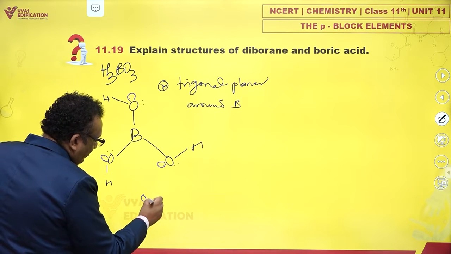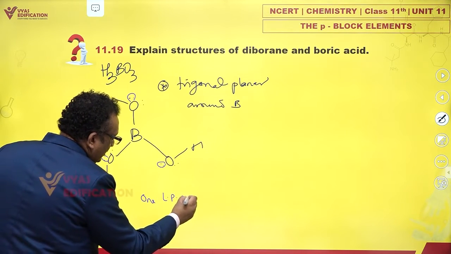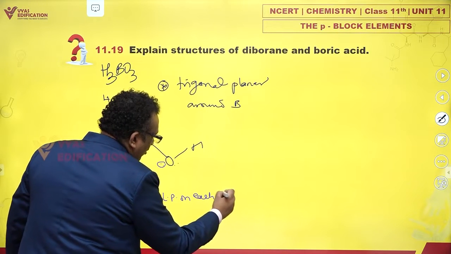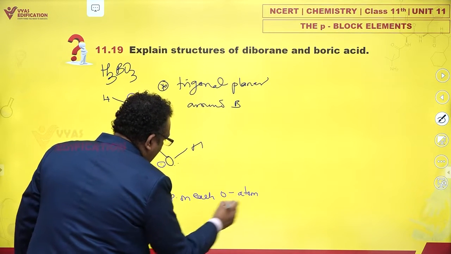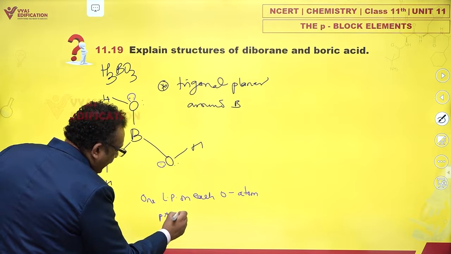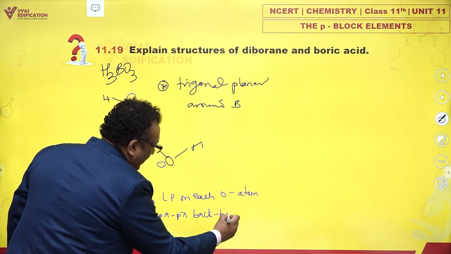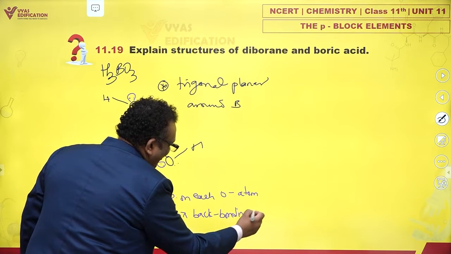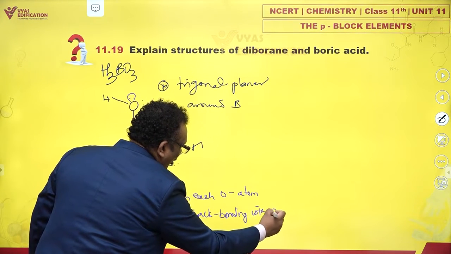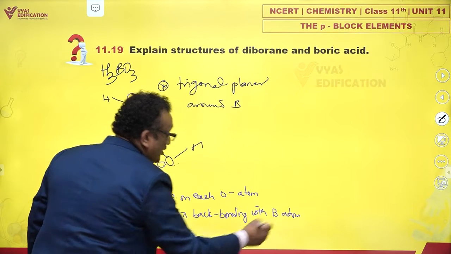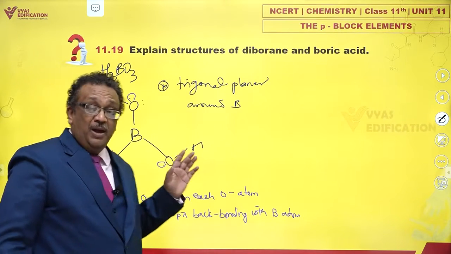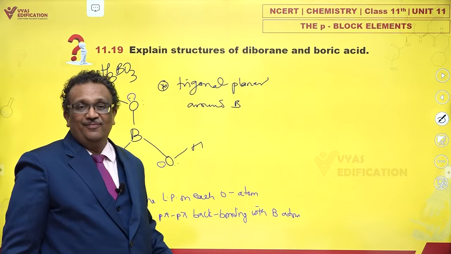So one lone pair on each O atom undergoes p-pi back bonding with the boron atom. Is that so? Yes, it forms p-pi back bonding with the boron atom.